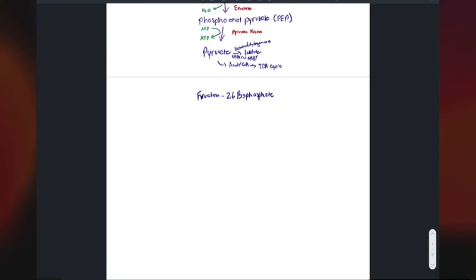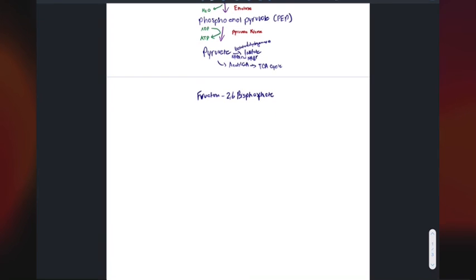So if you don't have pyruvate kinase, what happens? You don't have an enzyme that's adding phosphate from phosphoenolpyruvate to ADP and creating ATP. Now, you don't have these two additional ATPs being produced from this step, making the net ATP production within glycolysis 0.